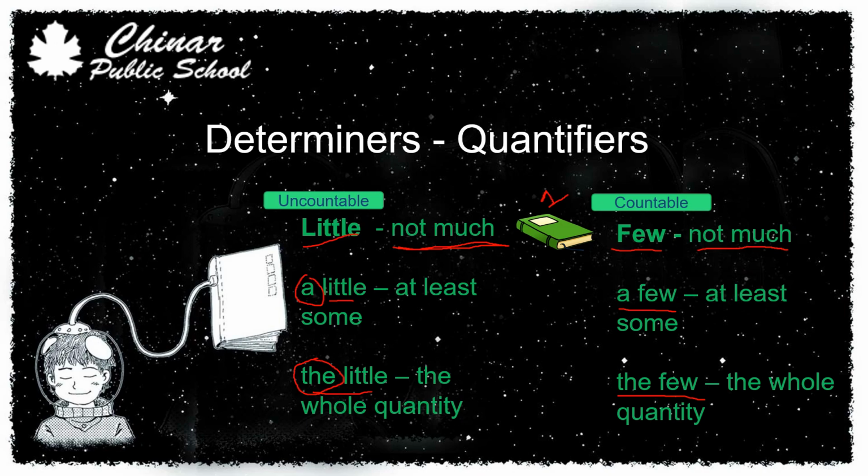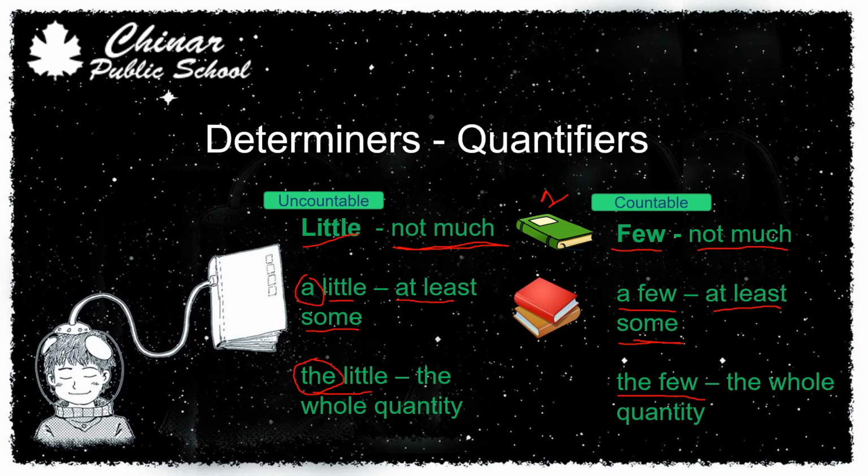Second comes a little or a few. That means it is less, but a little bit is still there. That means it is not sufficient, it is not enough, but it is not 0. Suppose you say, I have a few books in my bag.